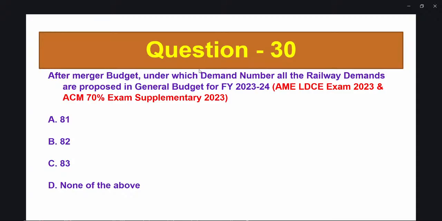As per measure of budget, all railway demands are proposed in a single demand for financial year 23-24. Yeah, please stop. None of the above. Why? Because it is 85. So what is single demand? We'll discuss.